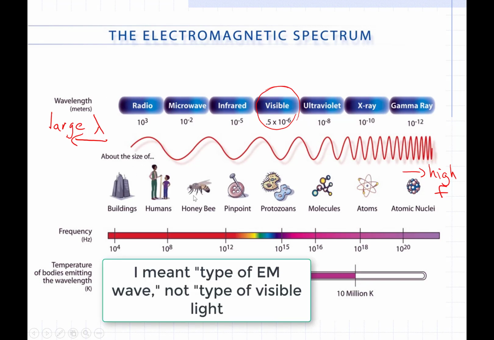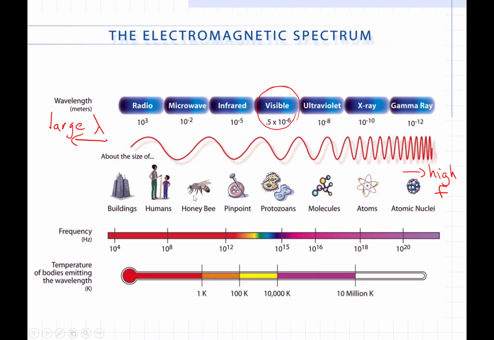Now, we can also ask the question, which type of light would you rather have bombarding you? Which would you rather be showered in? Radio, microwave, or gamma rays? And you probably know that you don't want to be showered with gamma rays or X-rays or even ultraviolet rays. That's because these different types of light have different energies associated with them.